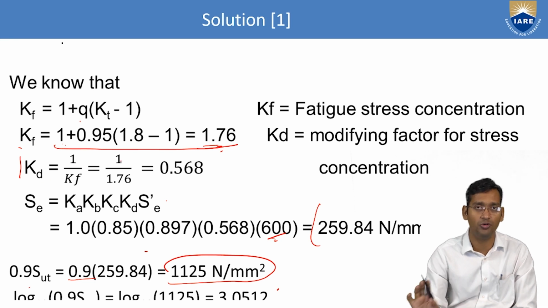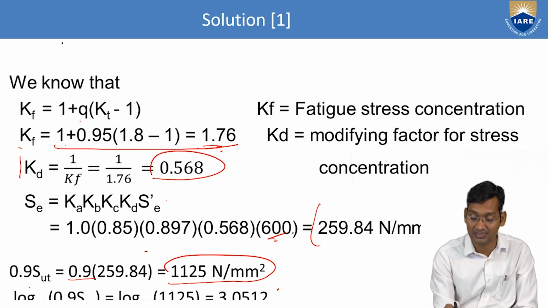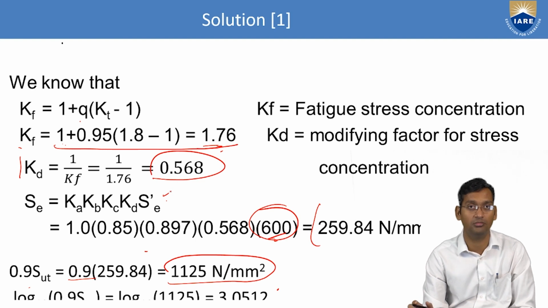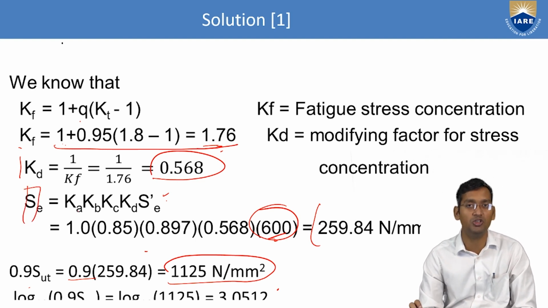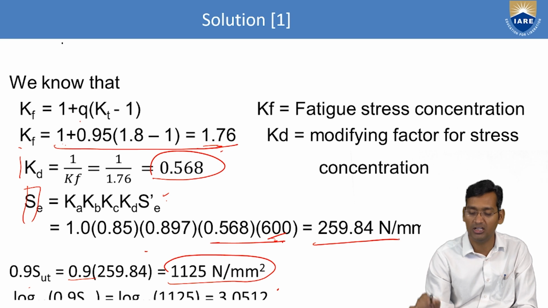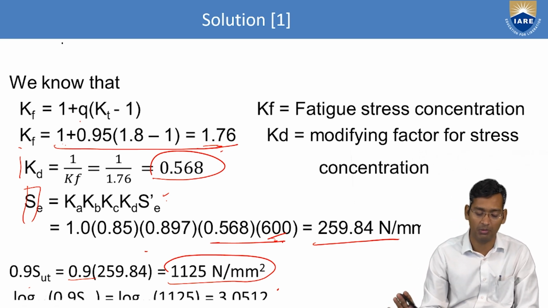So KD equals 1 by KF, the reciprocal of that, so KD is 0.568. Now SE dash is the reverse endurance, and SE will be KA into KB into KC into KD into SE dash, 600. So after putting all the values and multiplying, we will get 259.84 Newton per mm square.